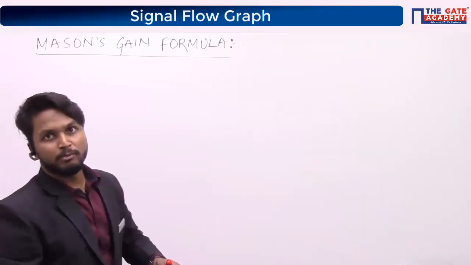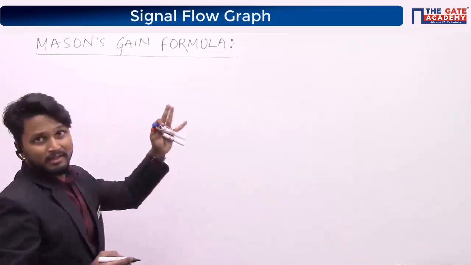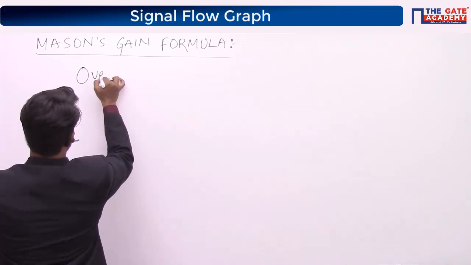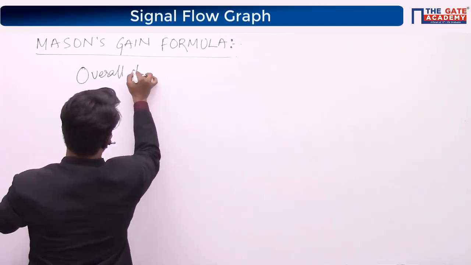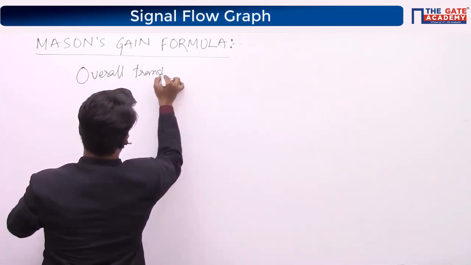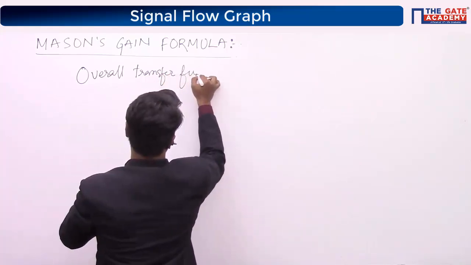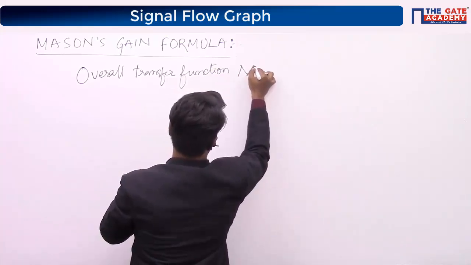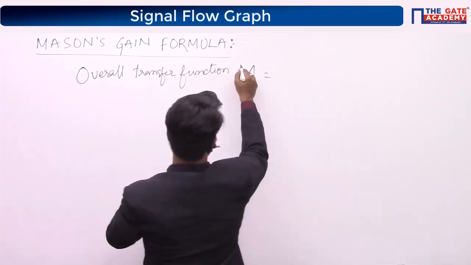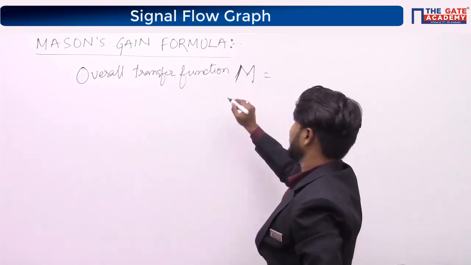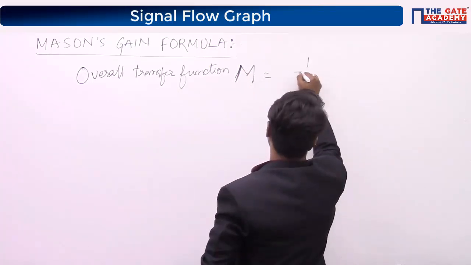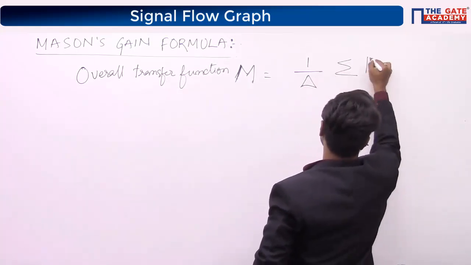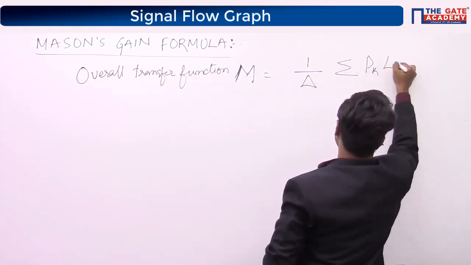So Mason's gain formula: the overall transfer function represented by M is equal to 1 upon delta, summation of pk delta k.